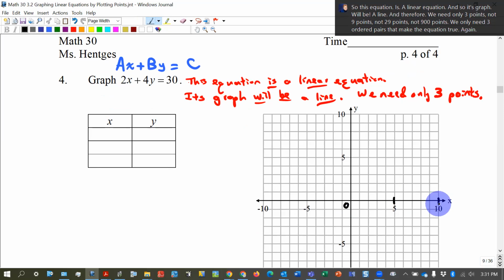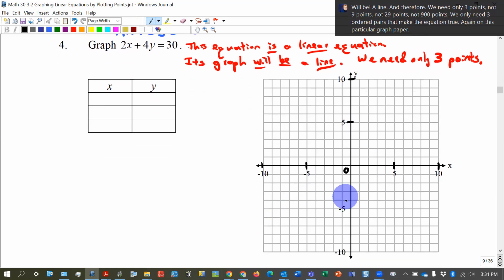Again, on this particular graph paper, it only goes from -10 to +10 in both directions. If we print out a whole sheet of graph paper, we can count easily to like -30 and +30 in both directions, even when we're counting by 1.